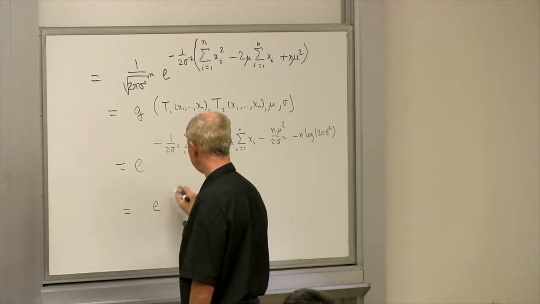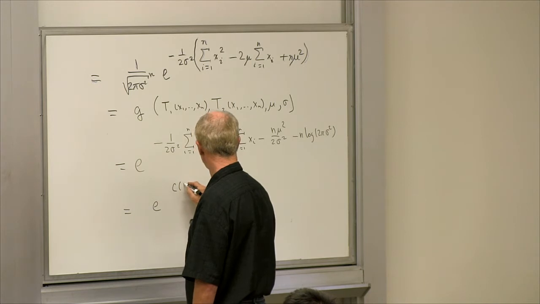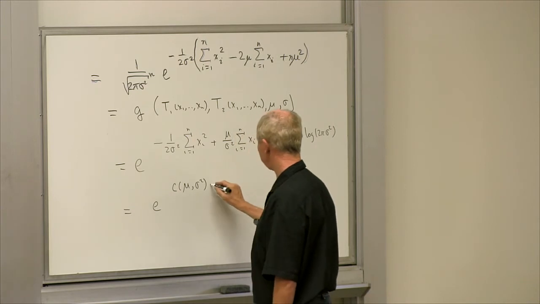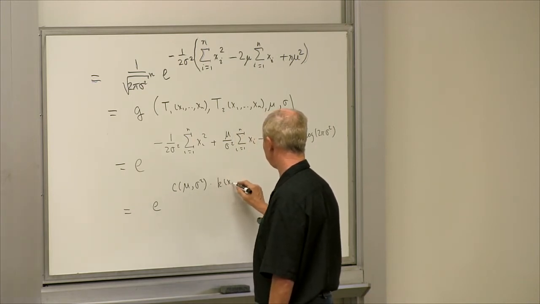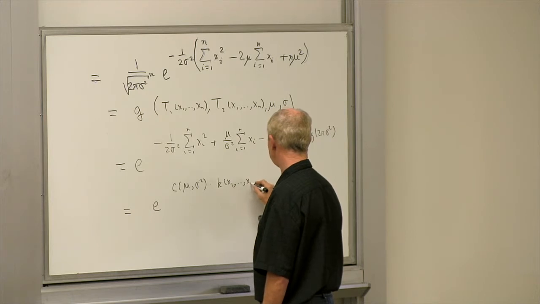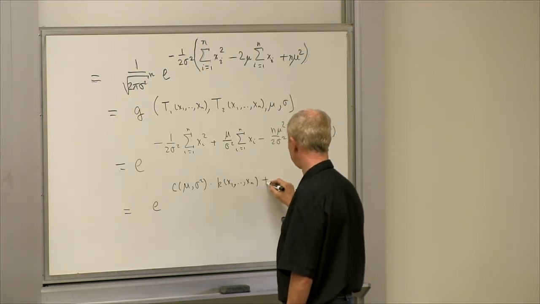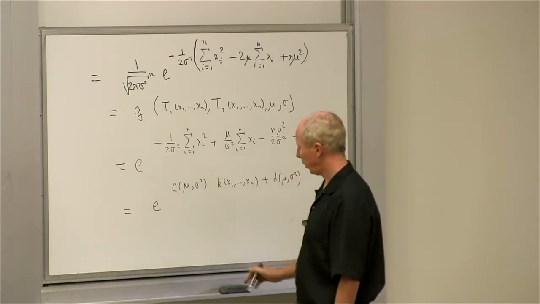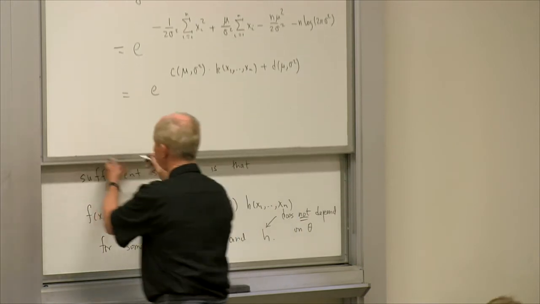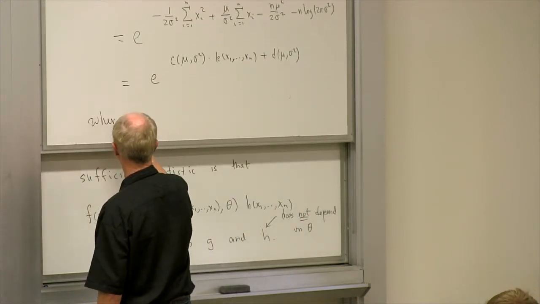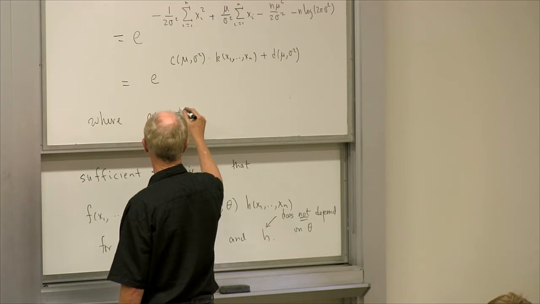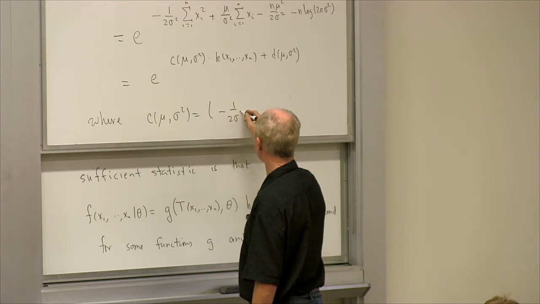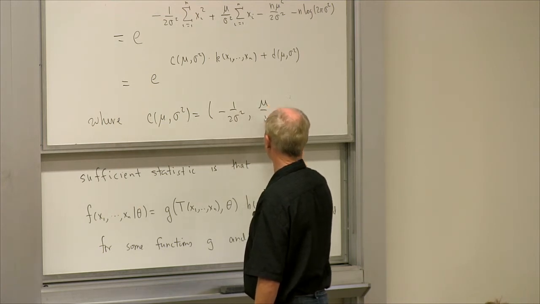And I can rewrite this as e to the c of mu sigma squared times k of x1 through xn plus d of mu and sigma squared, where c of mu sigma squared is the vector minus 1 over 2 sigma squared, mu over sigma squared.